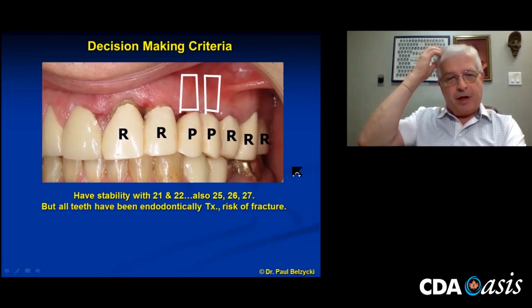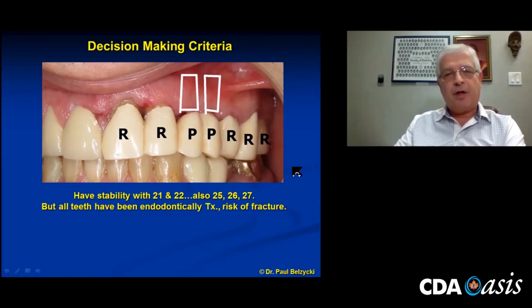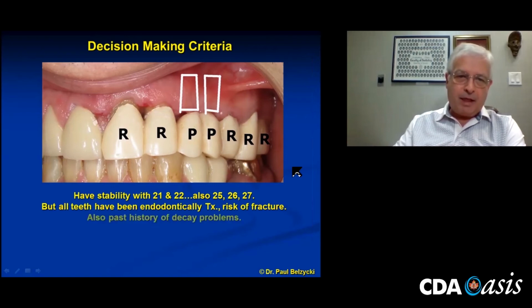If I make a bridge, all of these teeth have been endodontically treated. And yes, there is the risk of root fracture with endodontically treated teeth. But that really didn't worry me all that much here. What really bothered me is his past history of a sudden onset of decay.